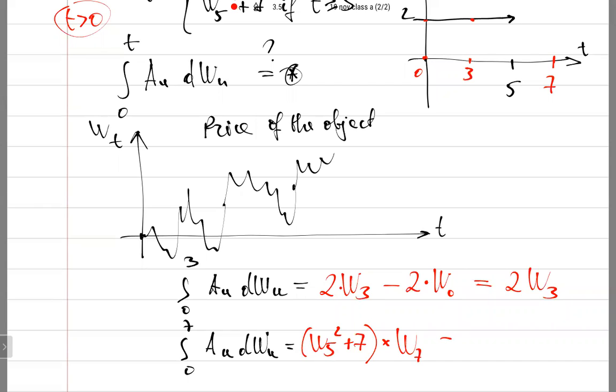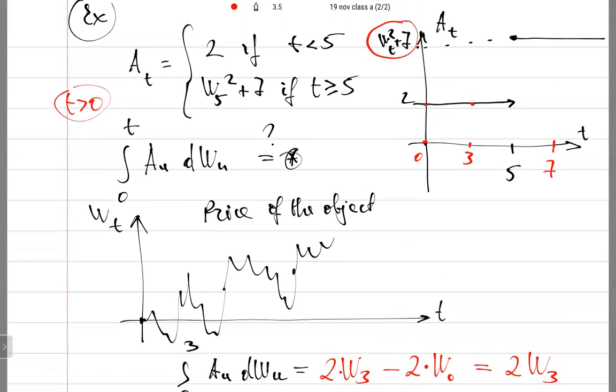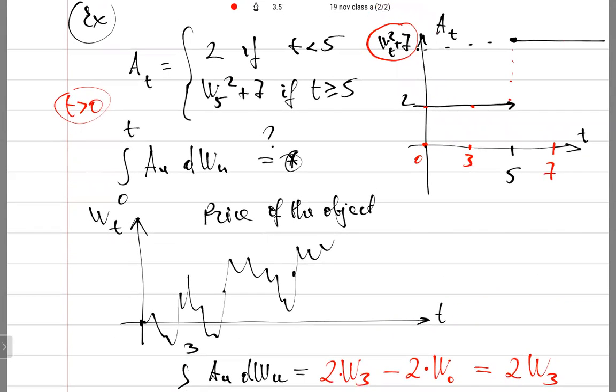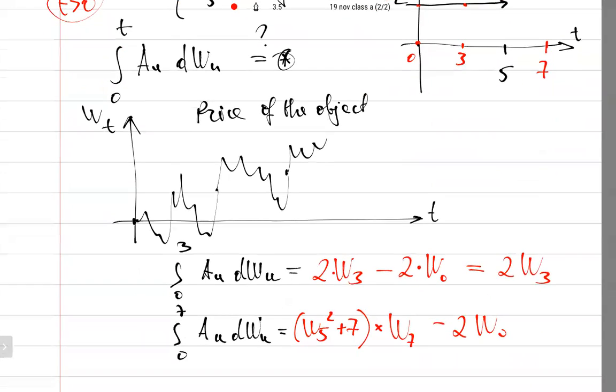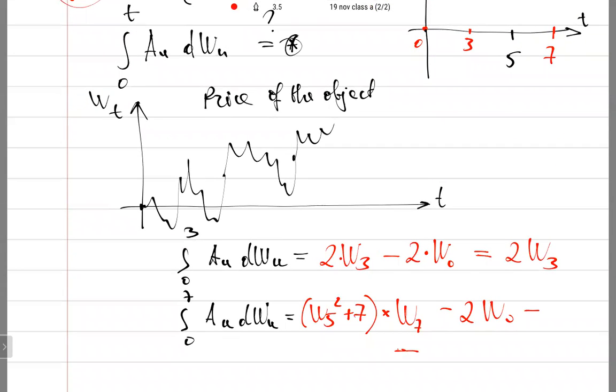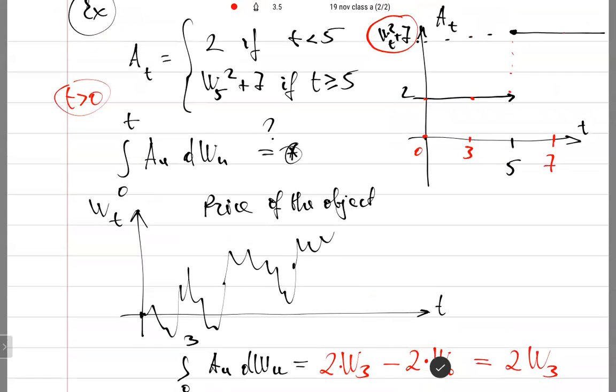Subtract. What should I subtract? I should subtract the initial value of my portfolio, and I also should subtract the investments that I made. At time moment 5, should I buy or sell cups? Buy. I should buy, so I subtract. How many cups should I buy at moment 5?